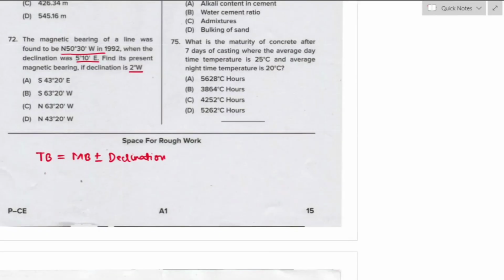So first we shall find the true bearing of the line. The magnetic bearing is given as north 50 degree 30 minutes west. So 50 degree 30 minutes, it is a declination of west, so we shall take it as negative. So true bearing will be 48 degree 30 minutes. For the present magnetic bearing, we know that true bearing is 48 degree 30 minutes.